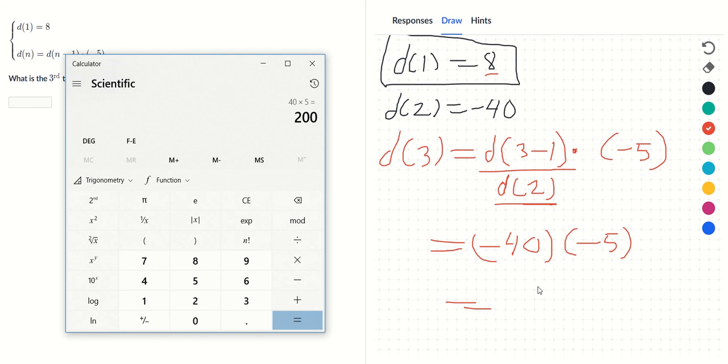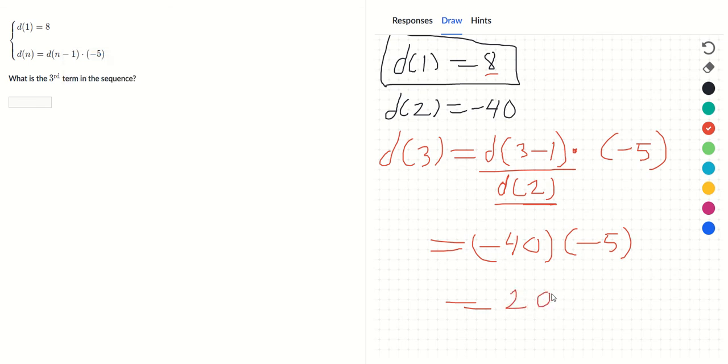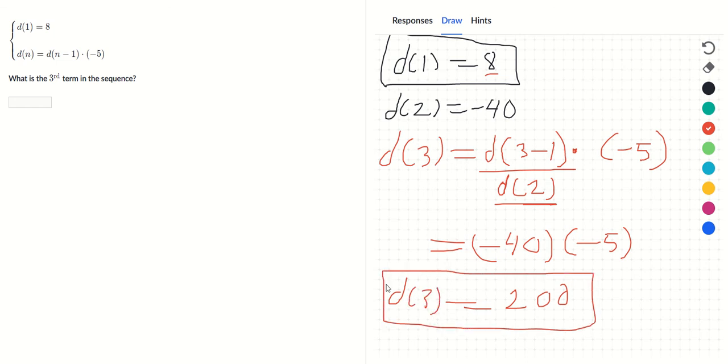And negative times negative is positive. So d of 3 equals 200. You see? That's what we call recursive. All right, let's do one more and then we're done.